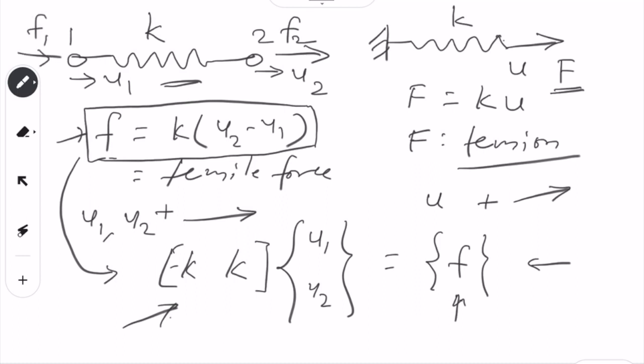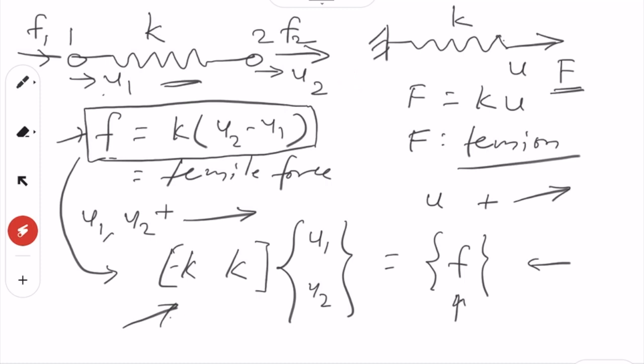That really means for every displacement there is a corresponding force term: F1 corresponds to u1, and similarly F2 corresponds to u2.